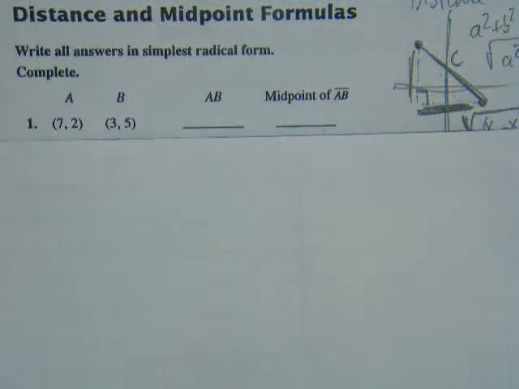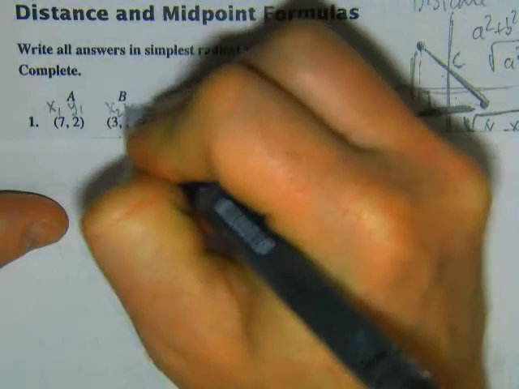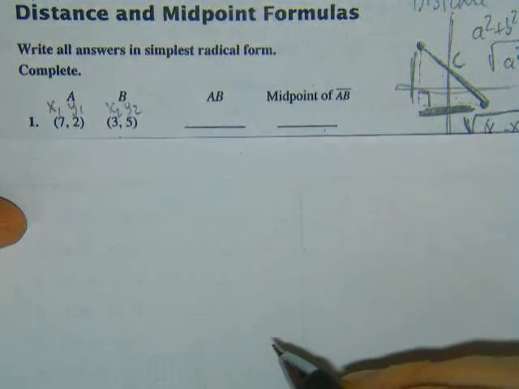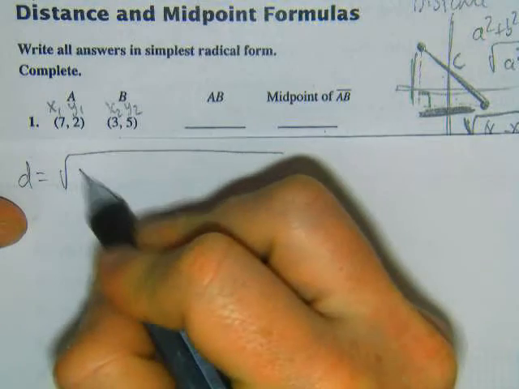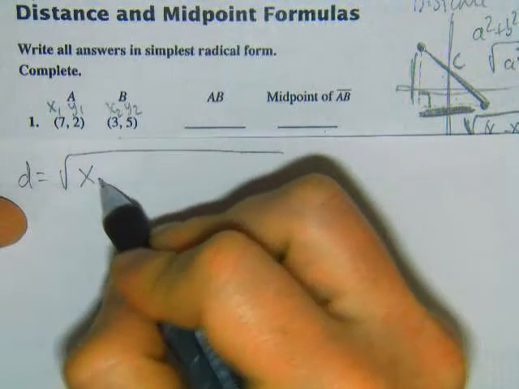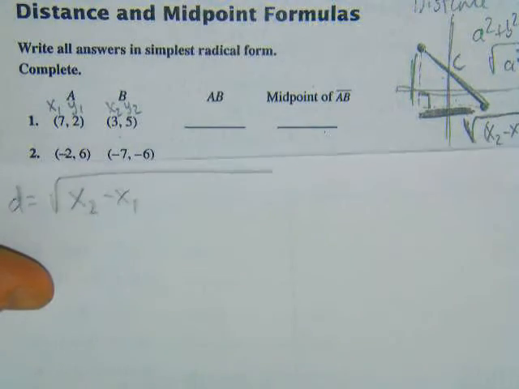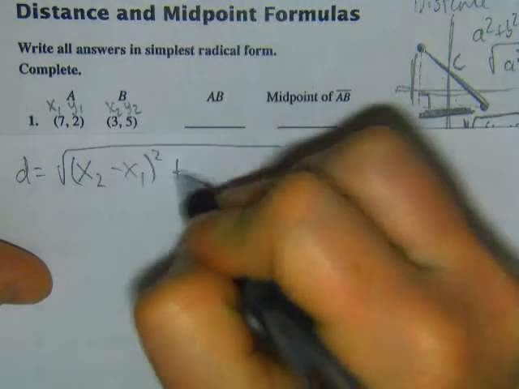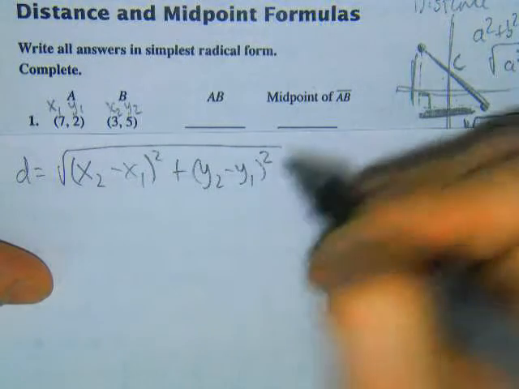So we have this problem. I'm going to start here like we did yesterday. x1, y1, x2, y2. I'm going to use the formula that I got over here. Distance is the square root of x2 minus x1 squared plus y2 minus y1 squared.